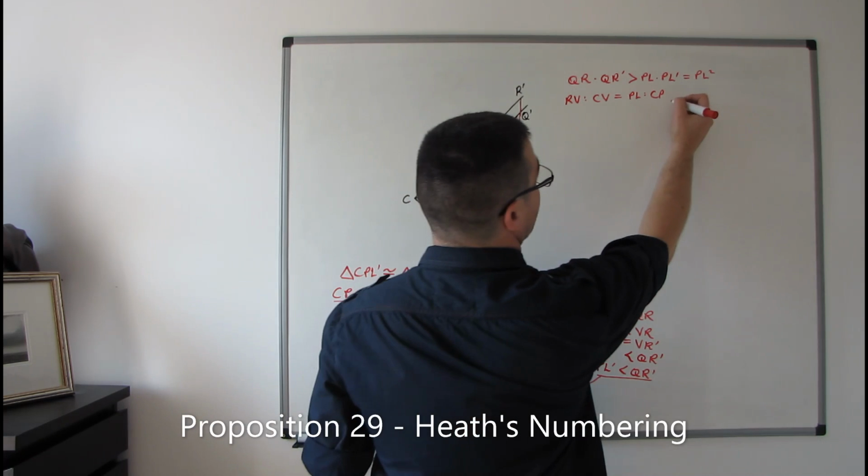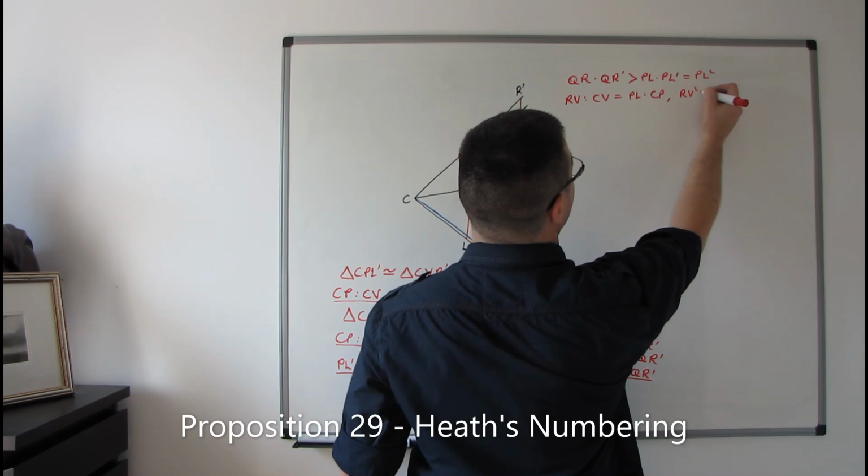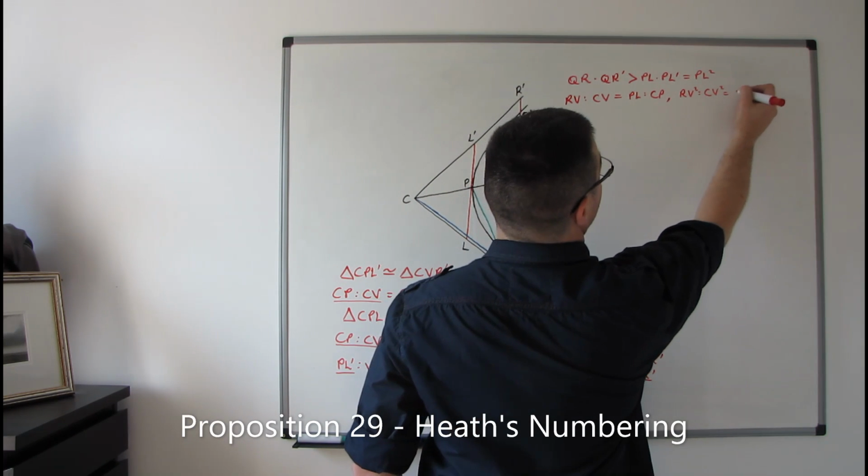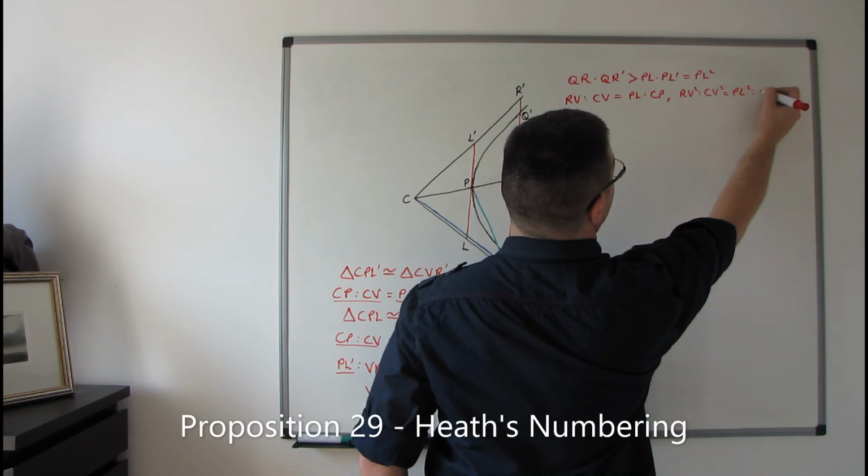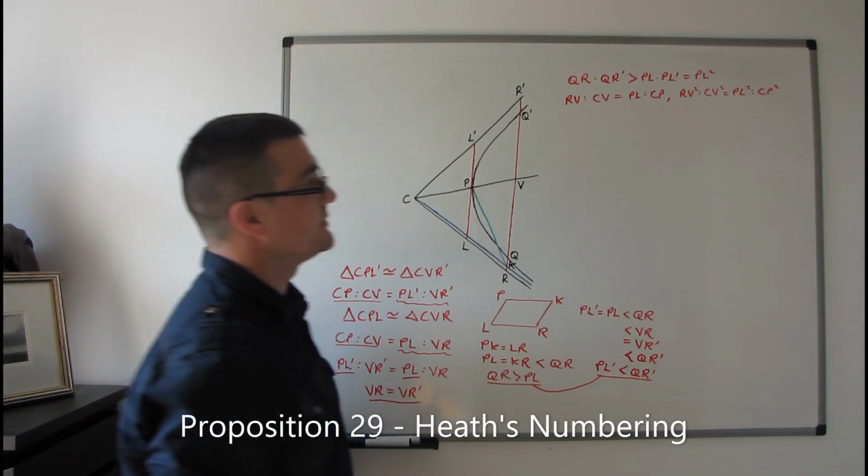So squaring everything, now I get RV squared to CV squared is PL squared to CP squared.